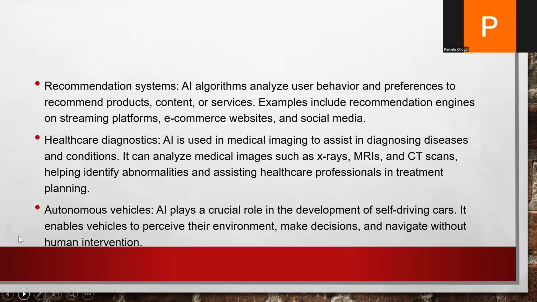And we have recommendation systems. So AI can also be used to recommend different products and services to you. AI algorithms analyze user behavior. With the data, I've been talking about data and patterns. For instance, the way you are using YouTube, YouTube is capturing data of what you're looking for, what you're searching for, your behavior, your pattern.